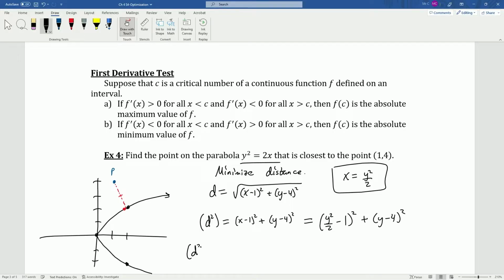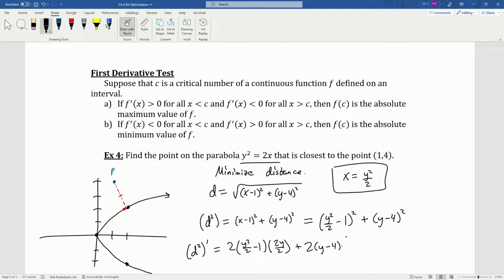So now when I take my derivative, I get 2 times y squared over 2 minus 1 times 2y over 2. That's the derivative of the inner, just applying the chain rule there. And here we get 2 times y minus 4 times the derivative of the inner function y.